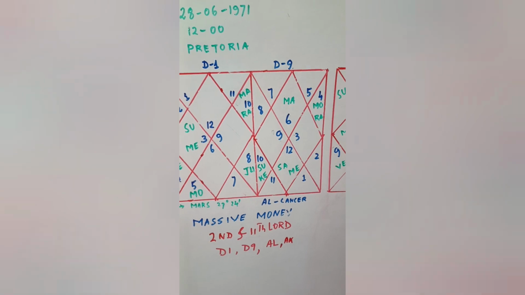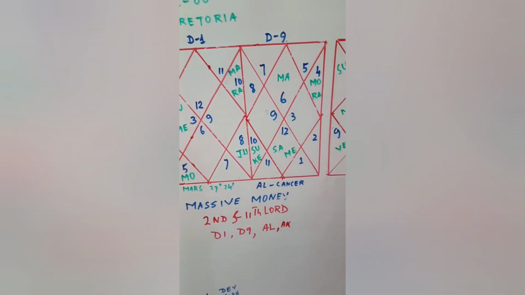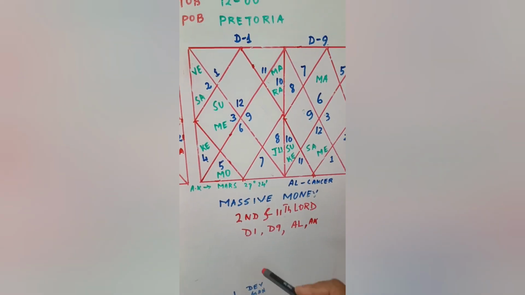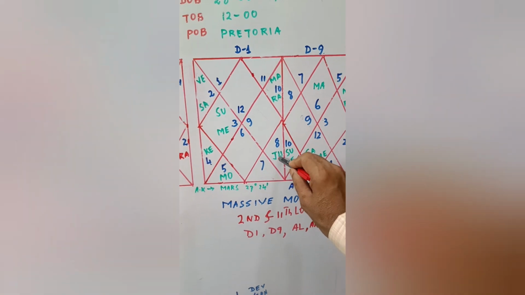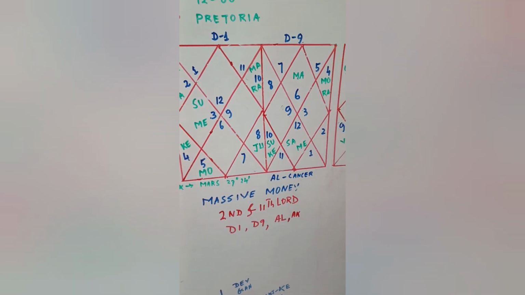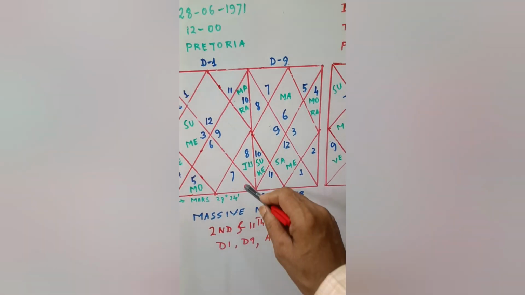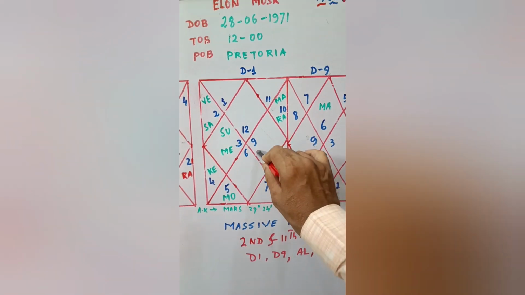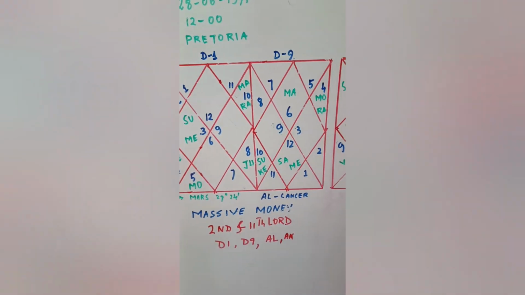Not only that, here in this chart, Jupiter in the 9th house gives its 5th aspect: 1st, 2nd, 3rd, 4th, 5th, on the ascendant.